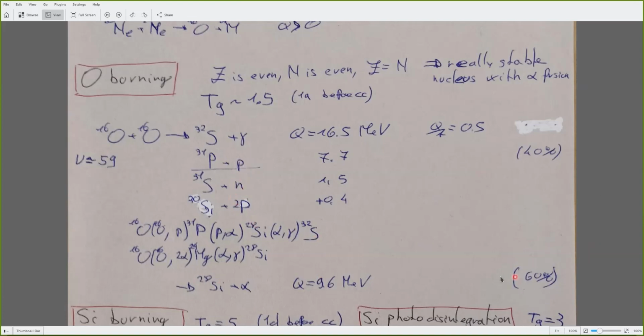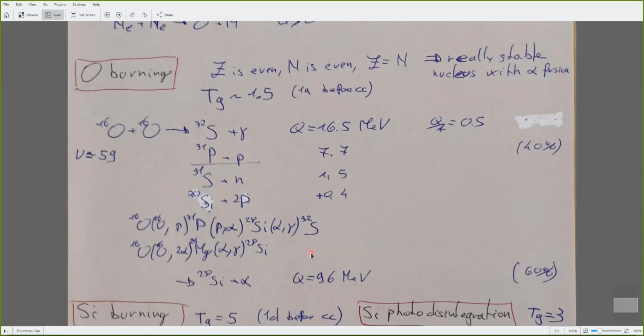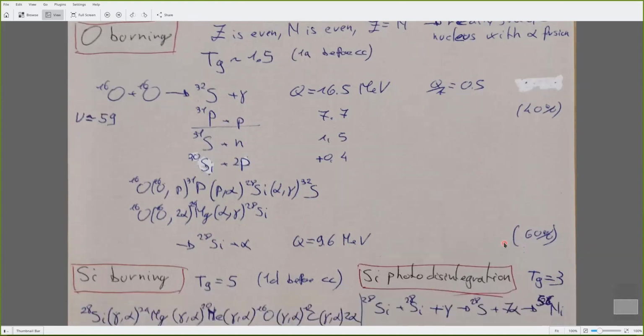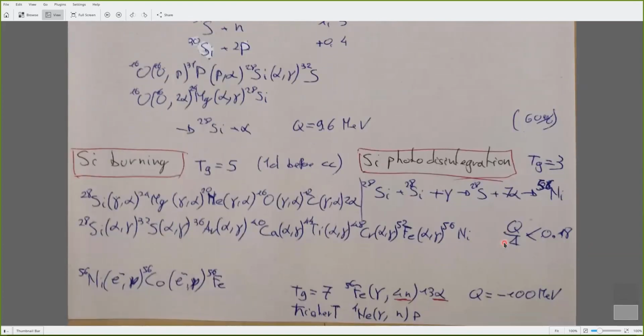You see, these are the two main channels: 60% goes in this part, and 40% goes in this part. The other one is also important to produce neutrons or alpha particles. After this one, you have the end of everything, and there is the silicon burning.